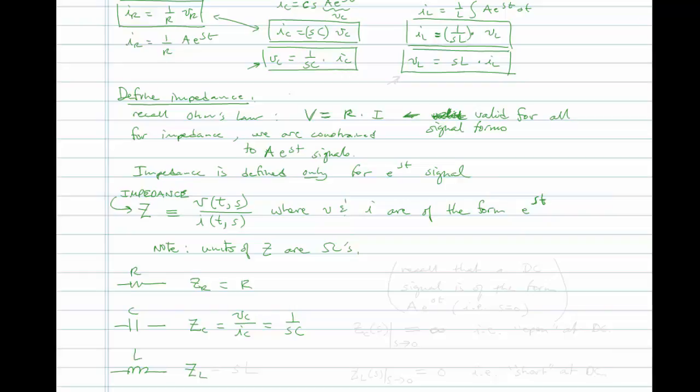And for the inductor, now we're going to use this expression, and we find that it is equal to sL. Now notice, just as a quick check here, recall that a DC signal is of the form A e to the 0t, i.e. s is equal to 0, right?